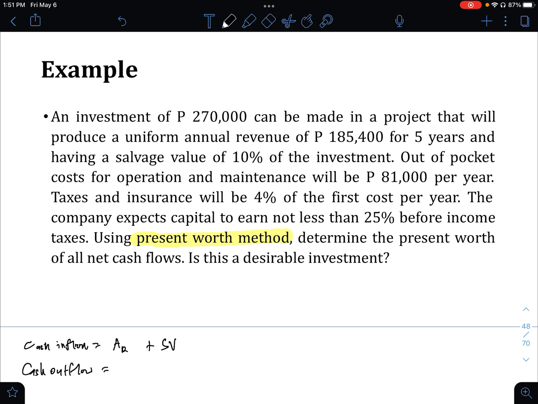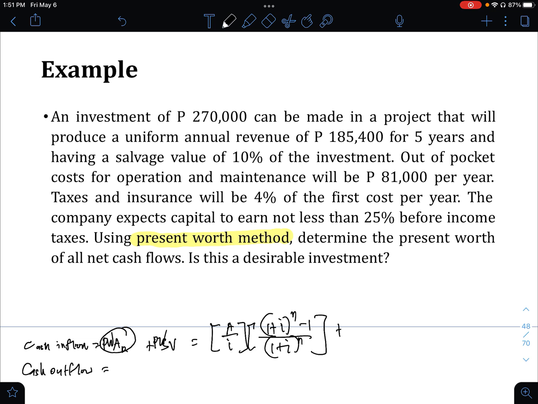Now, to get the cash inflows, so that is the present worth of the annual revenue plus the present worth of the salvage value. Now, to get the present worth of the annual revenue, class, it is just equivalent to A times ((1 plus i) raised to the power of n minus 1) over (i times (1 plus i) raised to the power of n).